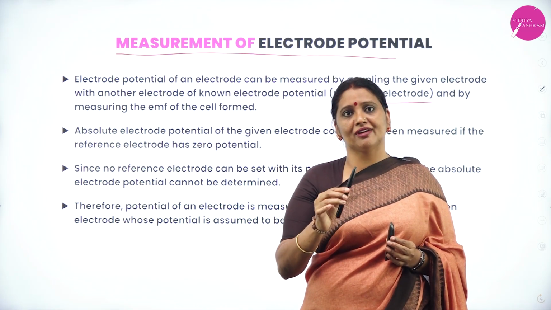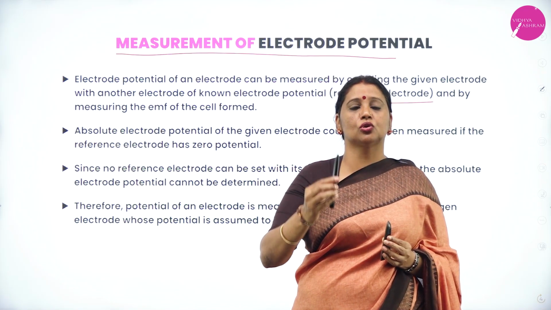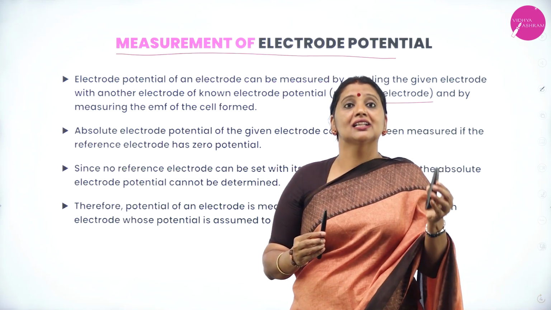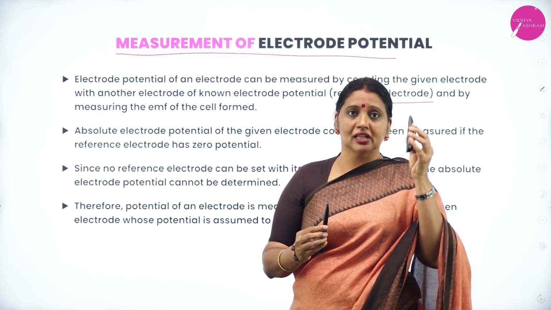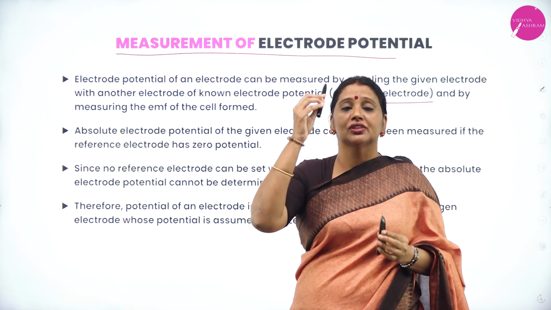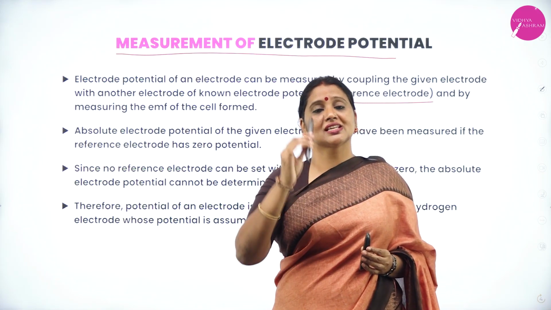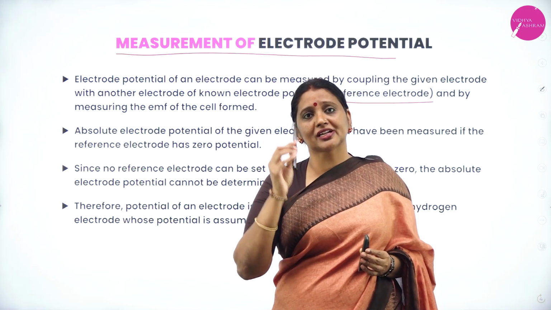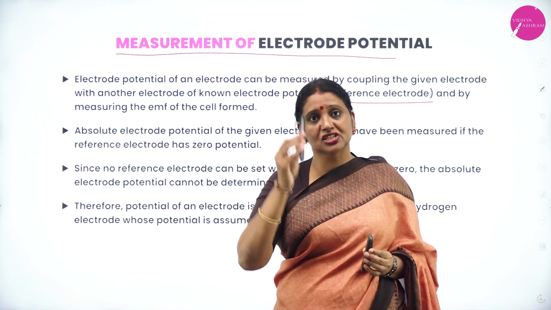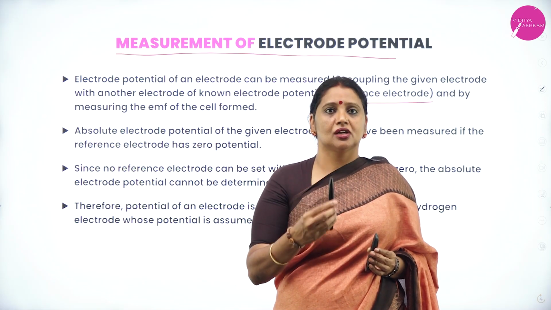From the EMF value as well as the electrode potential of reference electrode, you can calculate the electrode potential of an electrode whose value is not known to us. So, what is reference electrode? Reference electrode is an electrode whose electrode potential is known to us, as well as it is used to measure the electrode potential of other electrode.